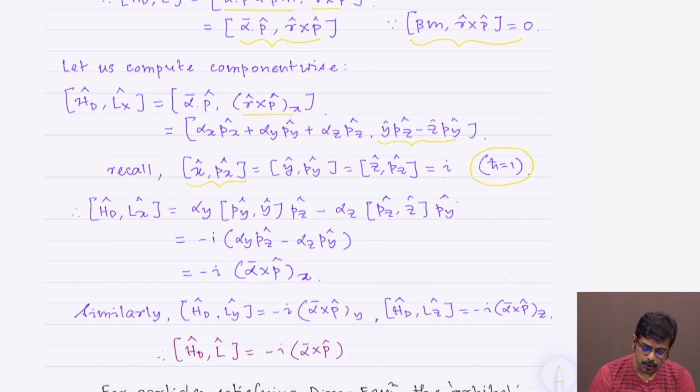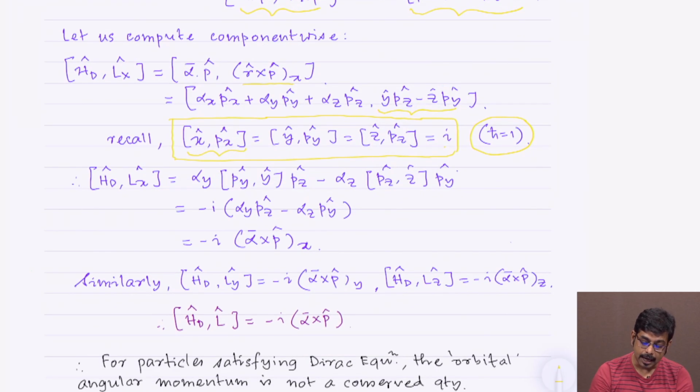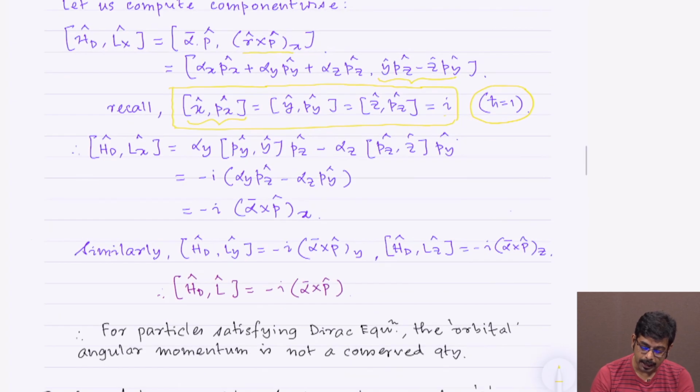So, the commutators [x, p_x], [y, p_y], [z, p_z] are all i. Now, let us get back to the expression of [H_D, L_x], and here we see the interesting relations, because we have y and z here.